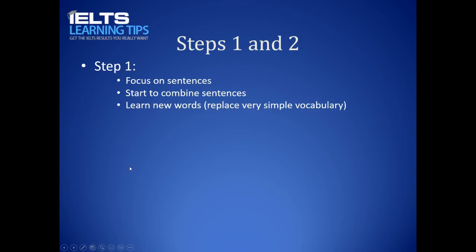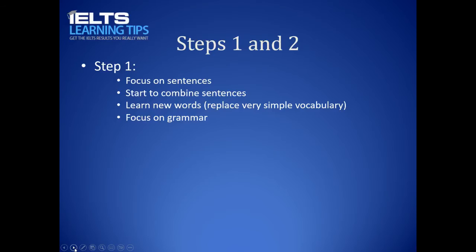Then start to learn some new vocabulary. So at this stage, you're probably using quite simple words. So try and learn some synonyms to replace those simple words. These can be nouns or verbs or adjectives or adverbs or any other kind of vocabulary item. And start to introduce new vocabulary.